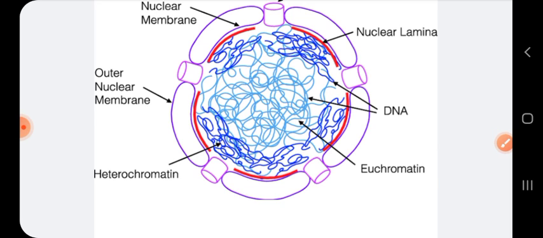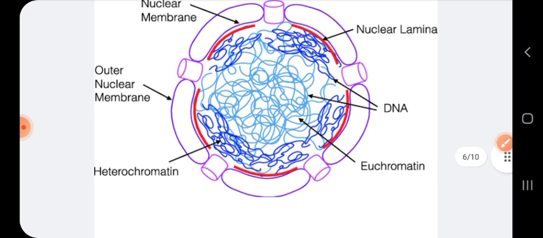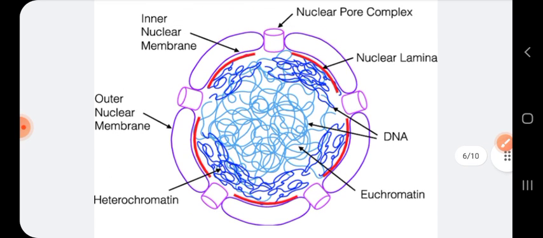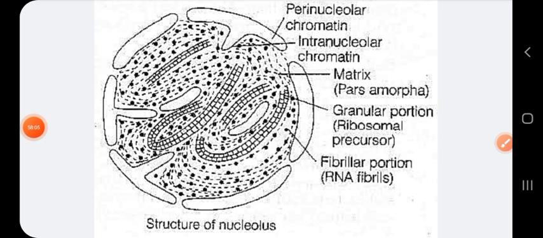Now let us see the nucleolus, which is the last part given on the nucleus in your cell biology syllabus. The nucleolus is very important because it is the site for ribosomal RNA production. Inside the nucleolus, as you can see in the figure, rRNA molecules are combined with proteins to form ribosomes. The nucleolus is involved in rRNA transcription.